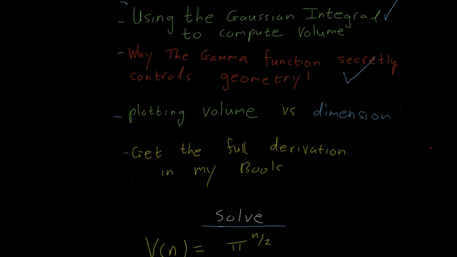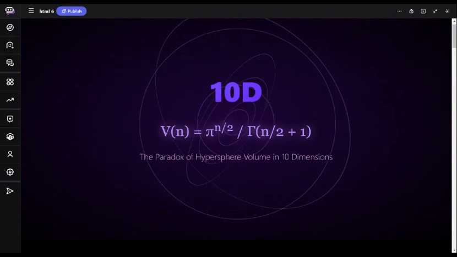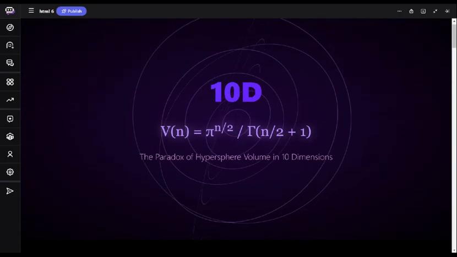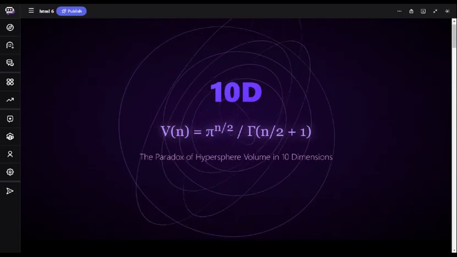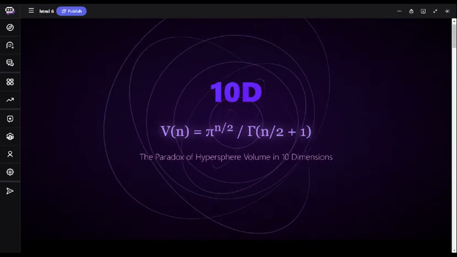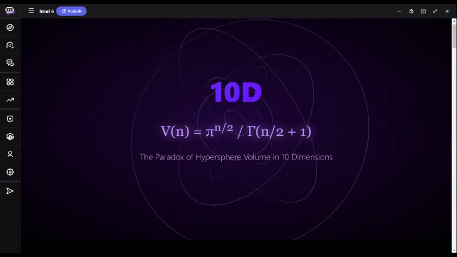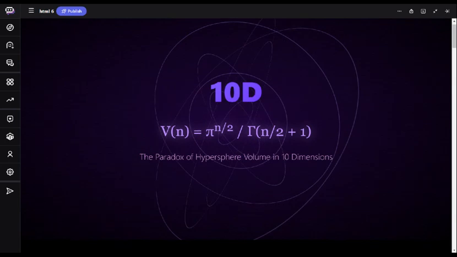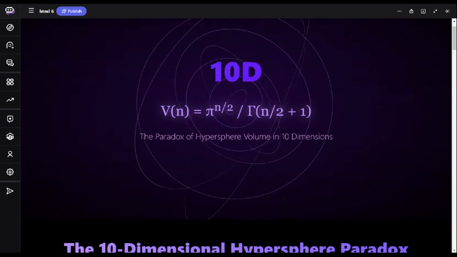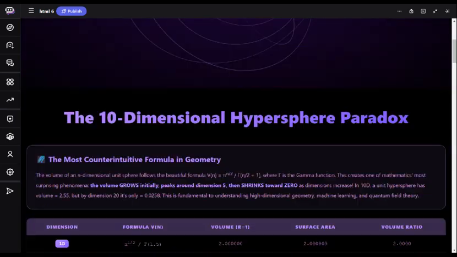Let's get to plotting volume versus dimensions. I use a very unique perspective that hopefully is fun, interesting, and also conceptually better for you to understand math. We're going to look at the graphs.